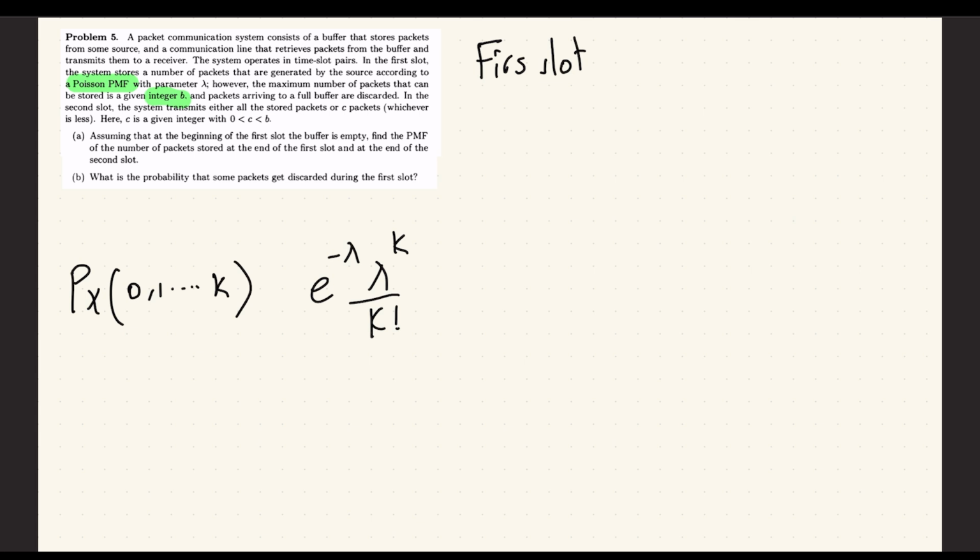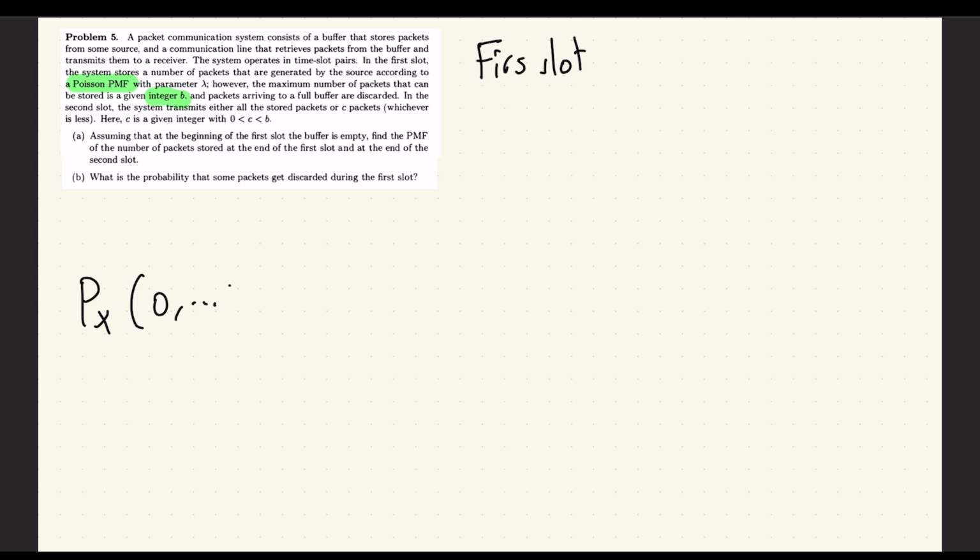We have a maximum number of packets that can be stored, right? Now, this reminds us of one of the previous questions that we solved that also had a maximum. Okay, so we can say the probability of having produced 0 all the way up to b minus 1 packets is e to the power of minus lambda, lambda to the power of k divided by k factorial.